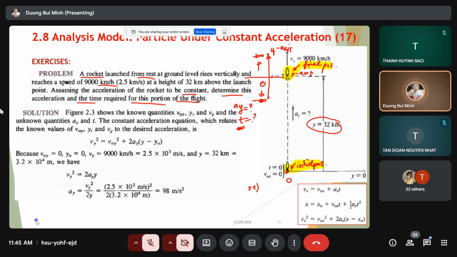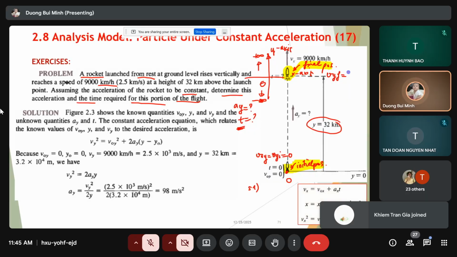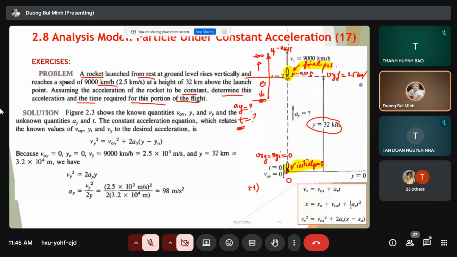Then they give us the velocity information. At the beginning v0y or vyi is 0, and vyf is 2.5 kilometer per second.